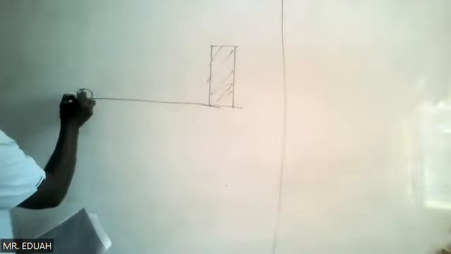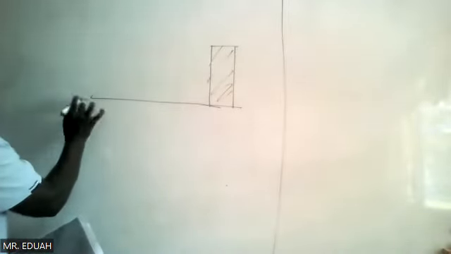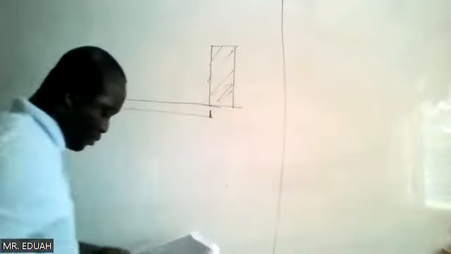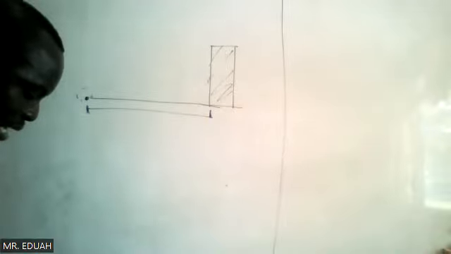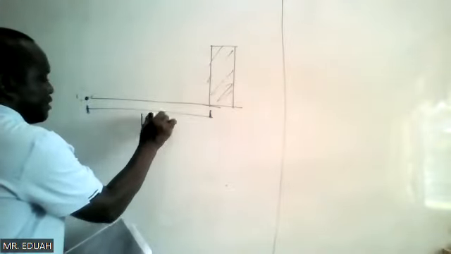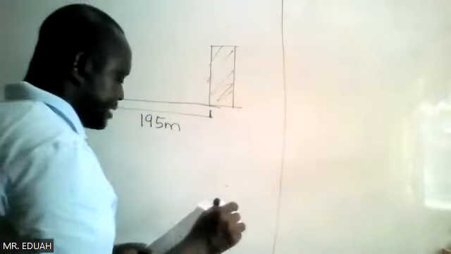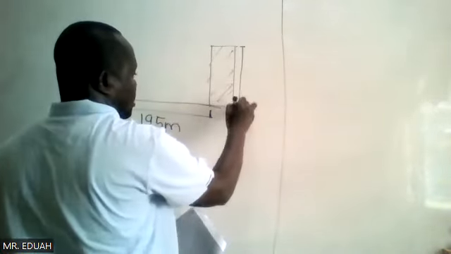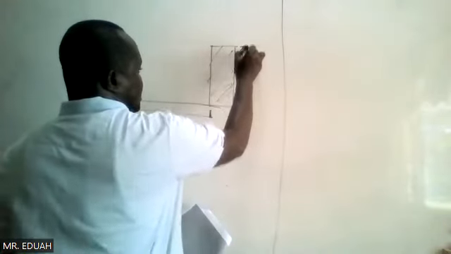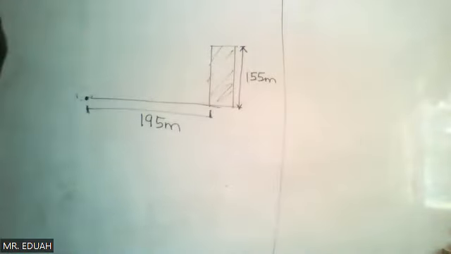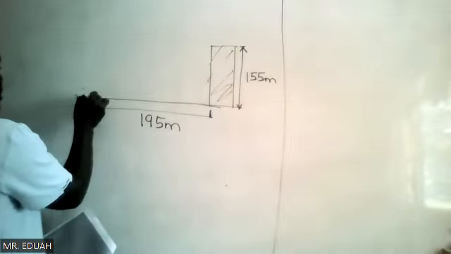From the point of projection to the building, we are told the range is 195 meters. The height of the building is 155 meters. Then it is projected and lands on the building.